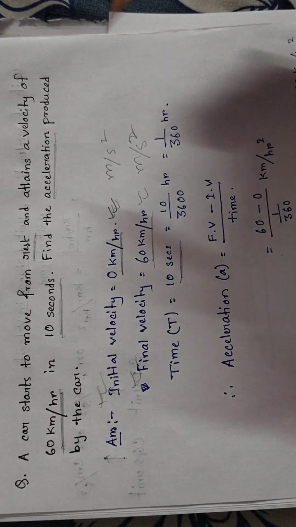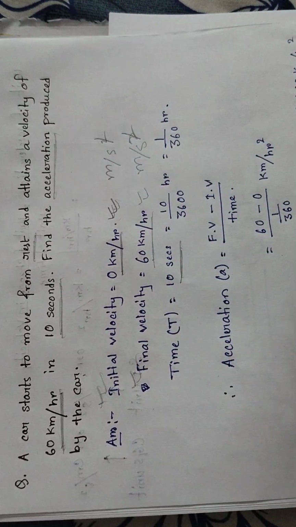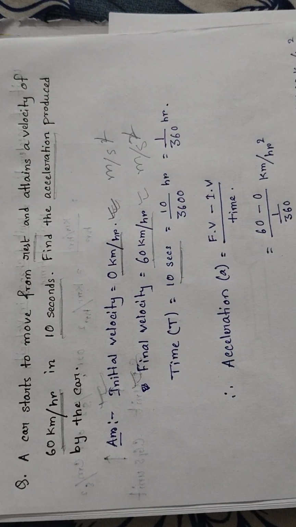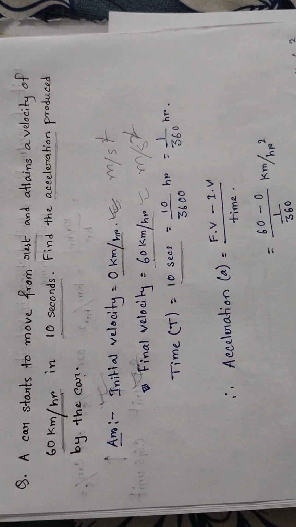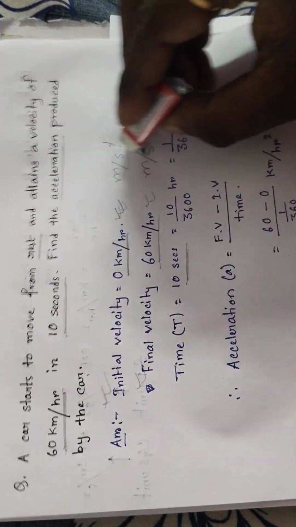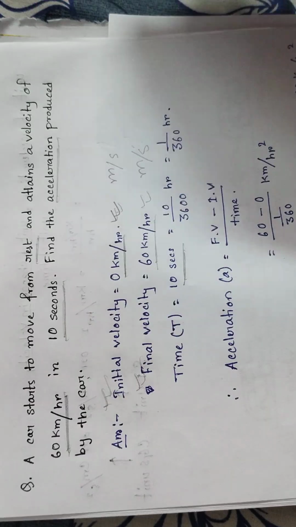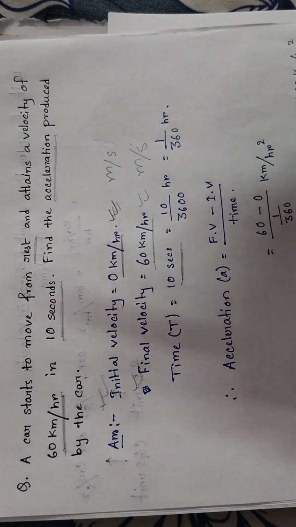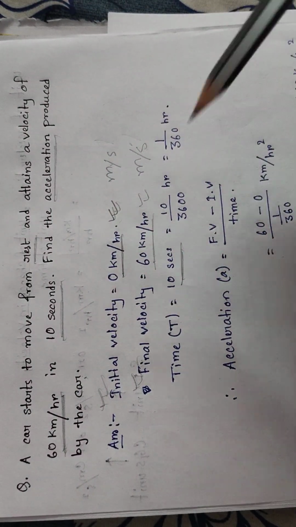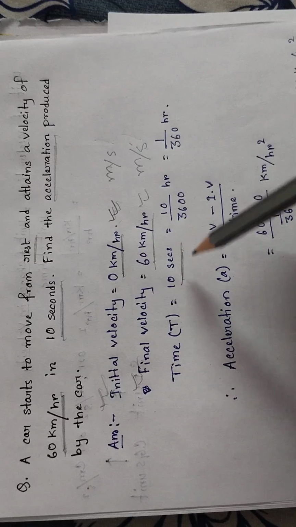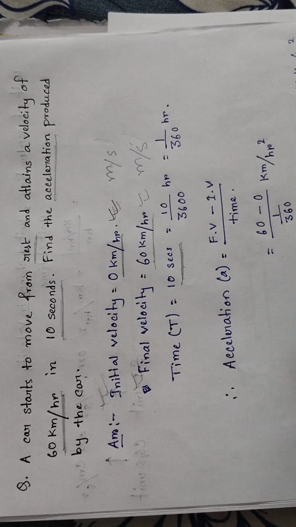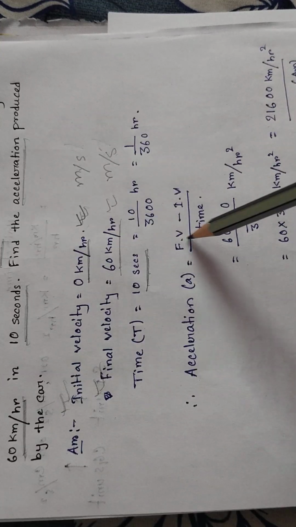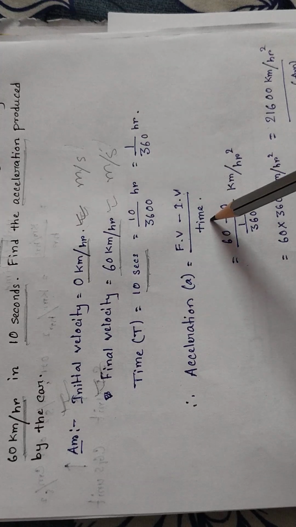Sorry, extremely sorry. This will not be the square. Okay, so wait a minute. The unit of velocity will be meter per second, and in that case the time we will keep the unit as second only. So in that case the acceleration will be final velocity minus initial velocity by time.